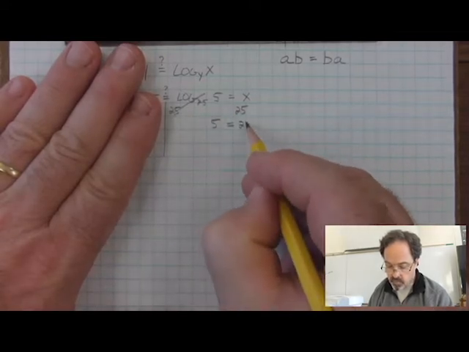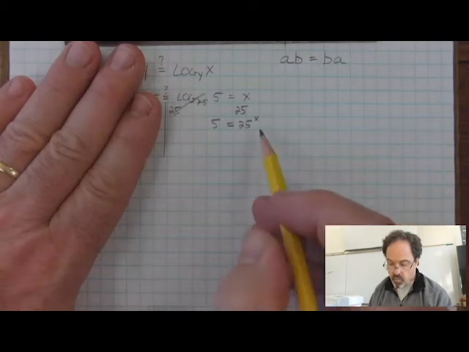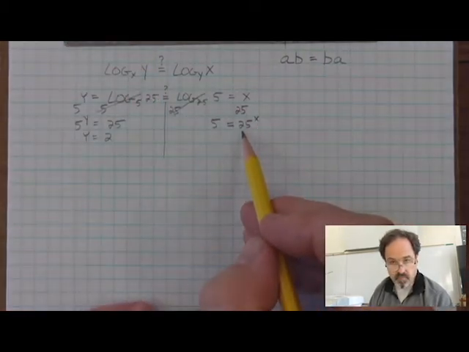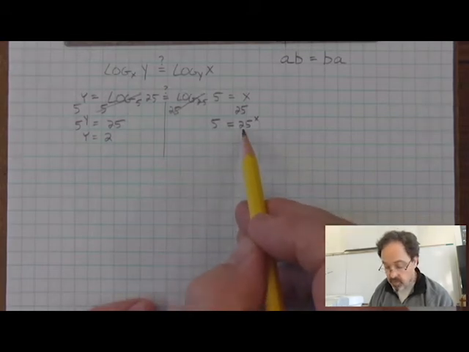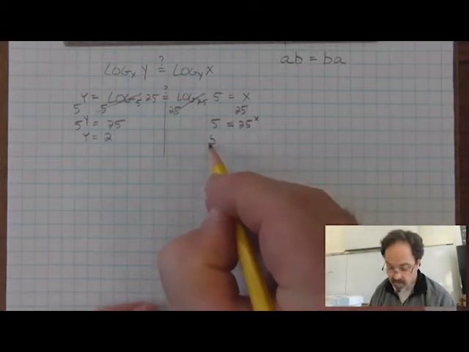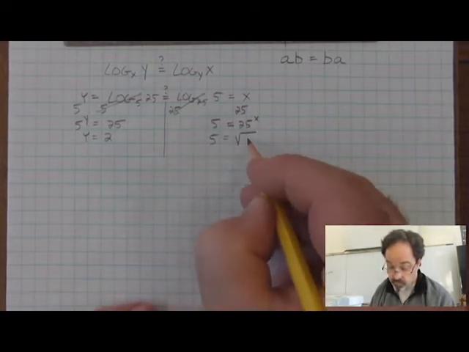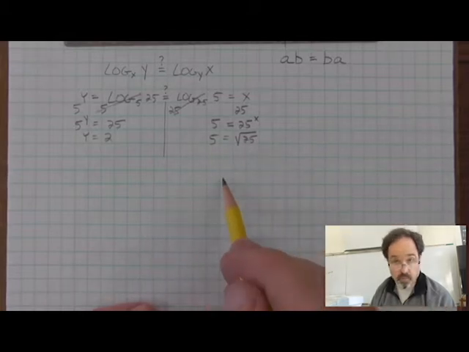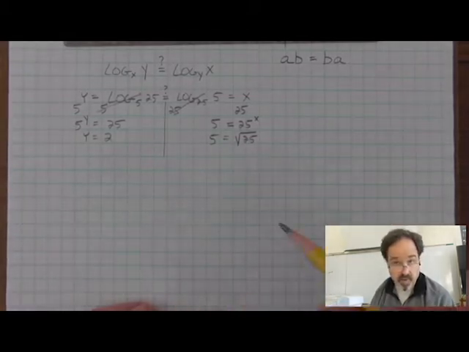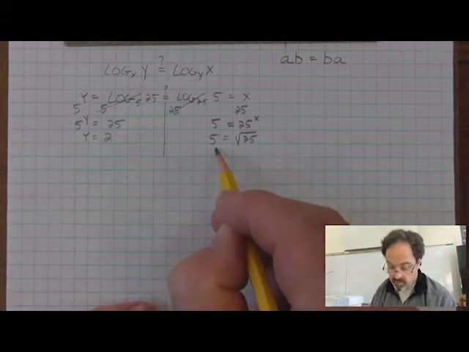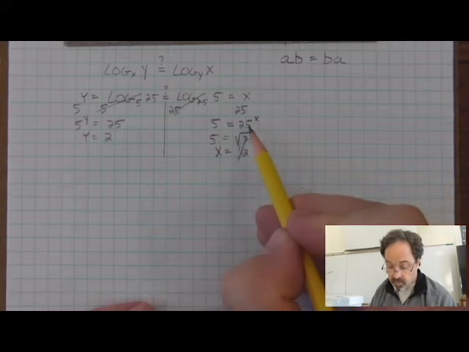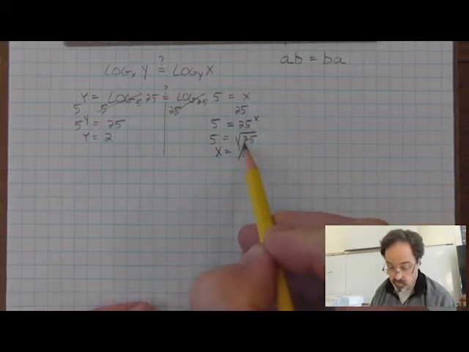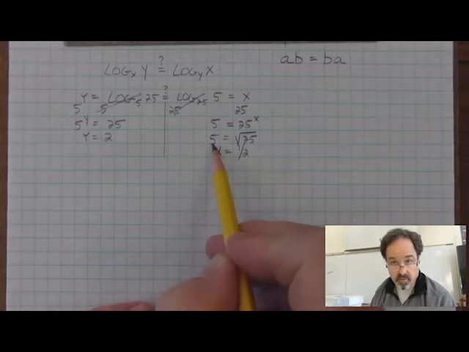And then I'm thinking, what is the power of 25 that will get 5? And that's not quite as mysterious as you might think at first, because 5 is equal to the square root of 25. And square rooting is the same thing as a half power. So in this case, x must be 1/2, because 1/2 power of 25 is the same thing as the square root of 25, and that's the other side.